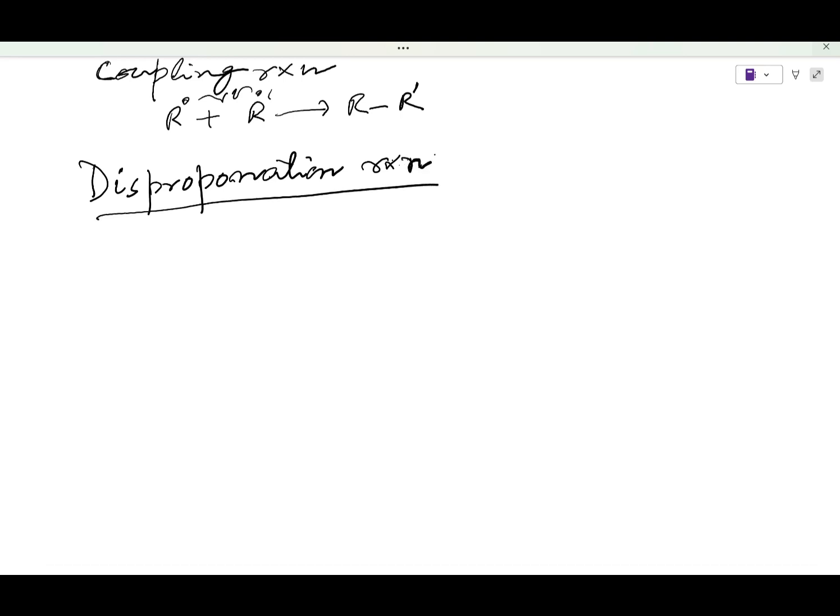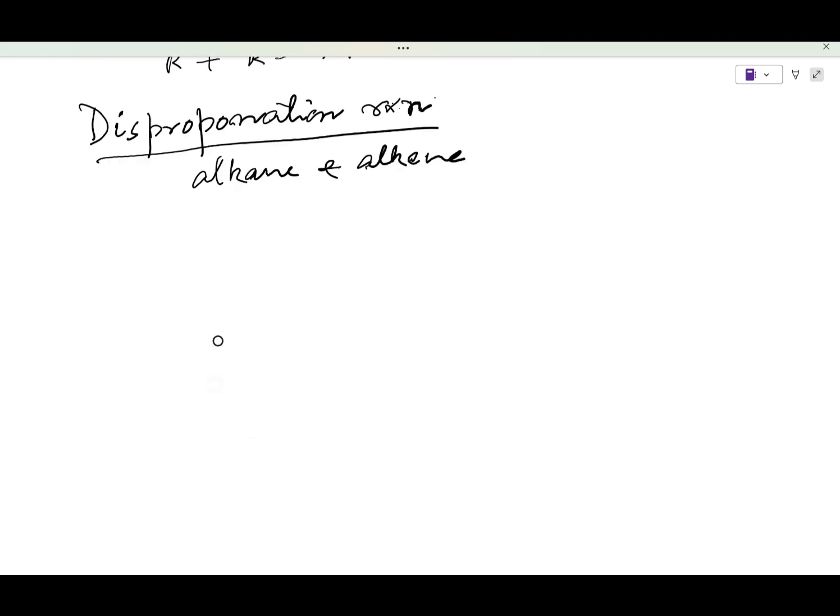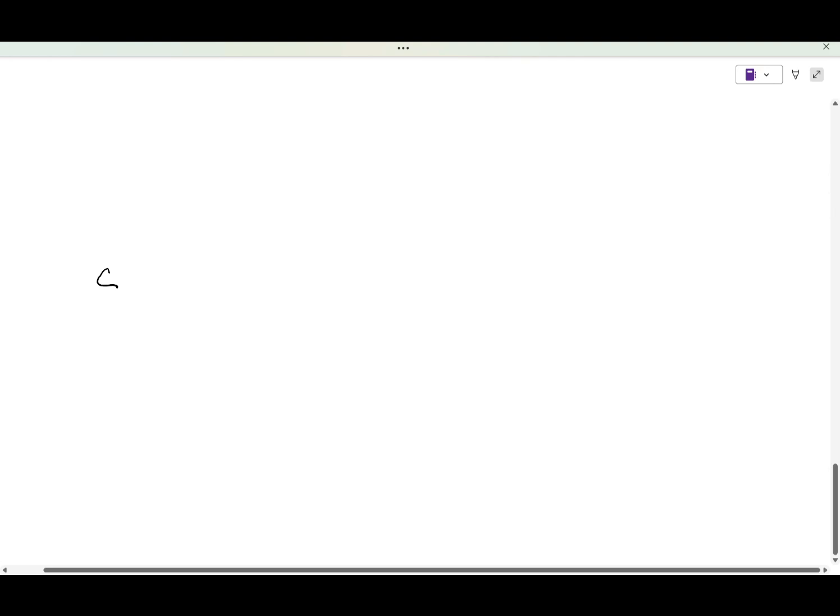What is this? In the disproportionation reaction, both the alkane and the alkene are formed. This gives you alkane and alkene. Both are neutral molecules. How are they formed?